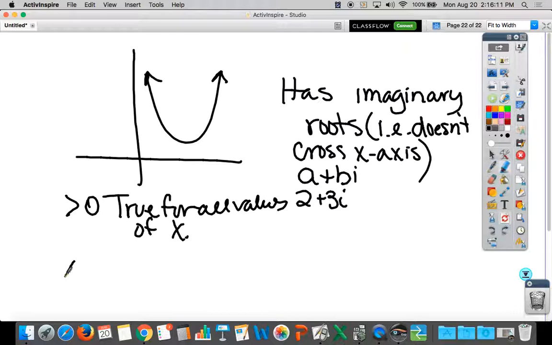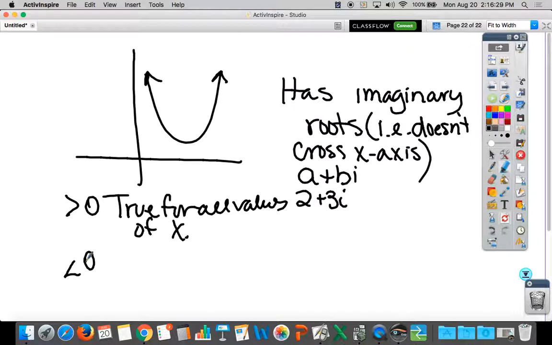What if I had this and it came up and asked you less than 0? Do I have any part of that graph that is less than 0? That's negative. So what would my answer be?